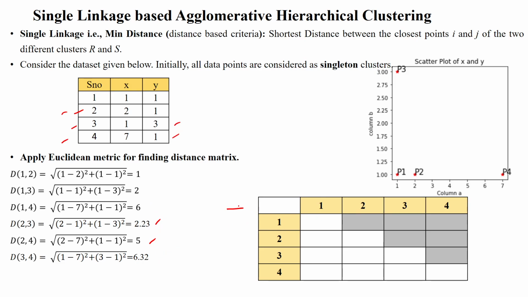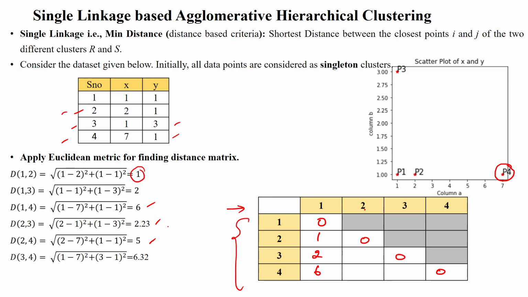Now we are going to form the distance matrix. Here there are four vertices in the rows and four vertices in the columns. The diagonal values indicate the distance of a data point to itself, so they are zeros. The distance between 1 to 2 and 2 to 1 are the same: the distance between 1 and 2 is 1, between 1 and 3 is 2, and between 1 and 4 is 6.